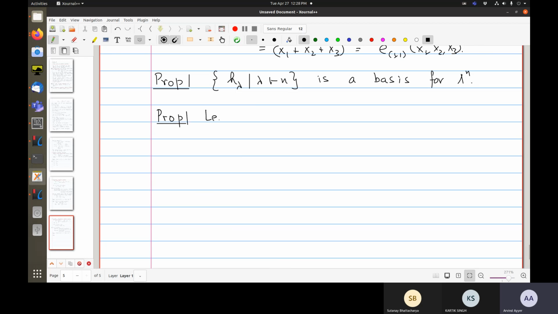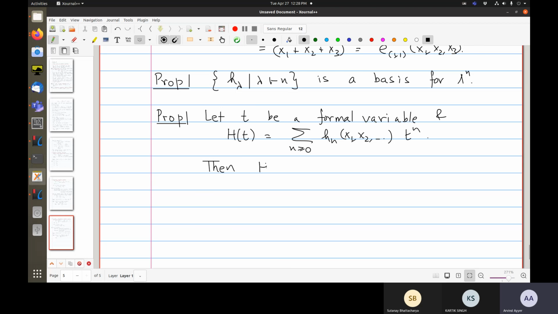So let, as usual, t be a formal variable, and H of t be this generating function, the sum over n greater than or equal to 0 of h_n of x1, x2, etc. times t to the power n.